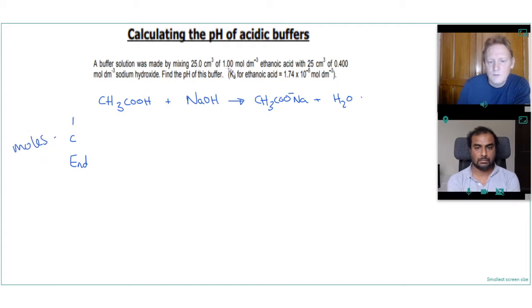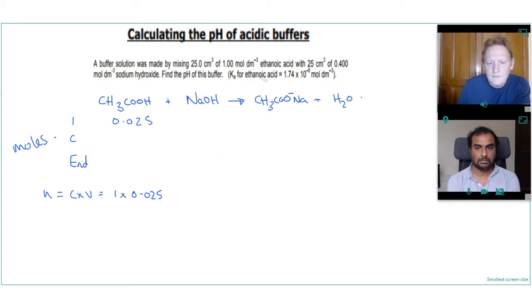So we want the initial moles of ethanoic acid, which is concentration times volume. Concentration is 1 and volume in decimeters cubed will be 0.025. So that gives us 0.025 moles of ethanoic acid.